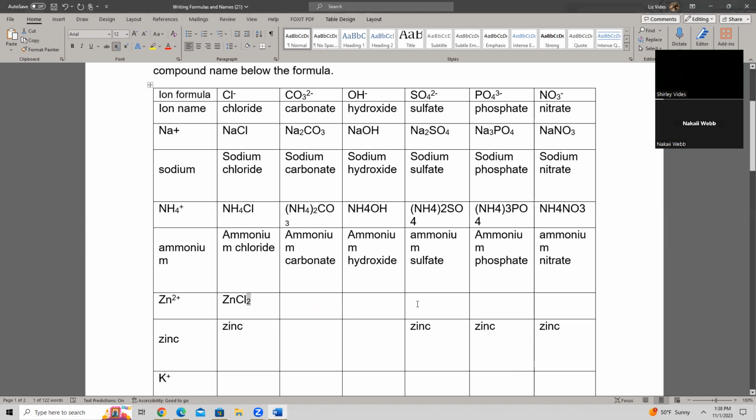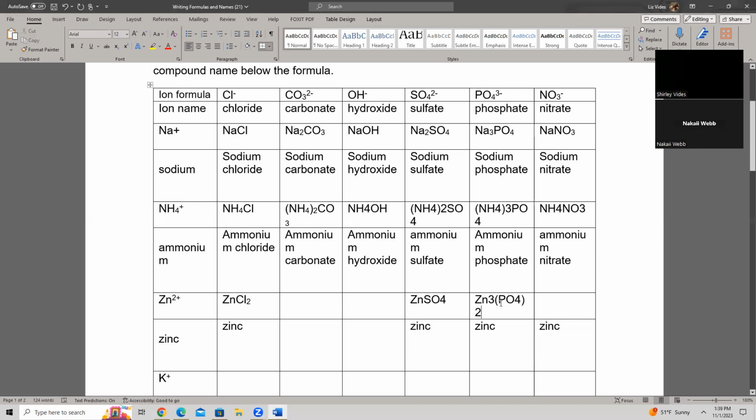So zinc sulfate. So see, nobody needs any prefixes. You see that? I mean, any subscripts. I mean, prefixes. What am I saying? Prefixes. Subscripts. All right, the next one is zinc and phosphate. Again, zinc gets the 3 from the phosphate, and phosphate gets the 2. And yes, we do need to put parentheses because it is all of that, including the PO4, that gets the 2.